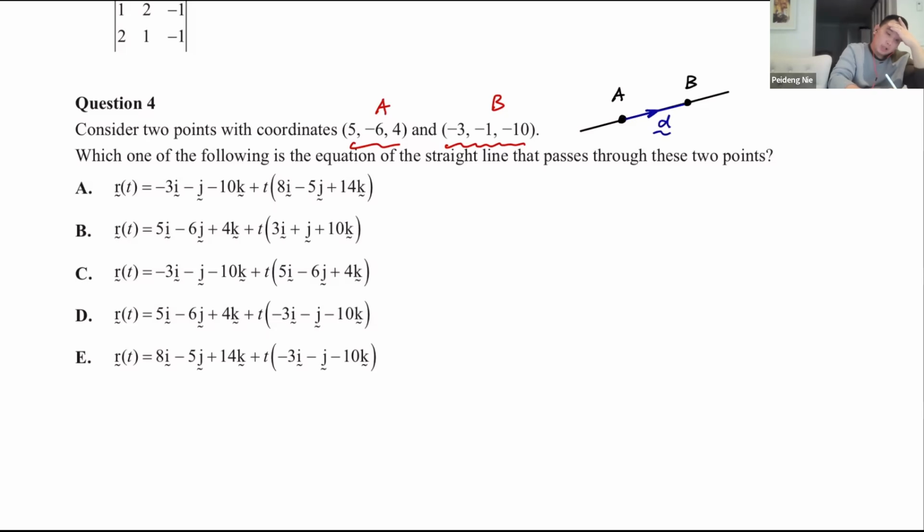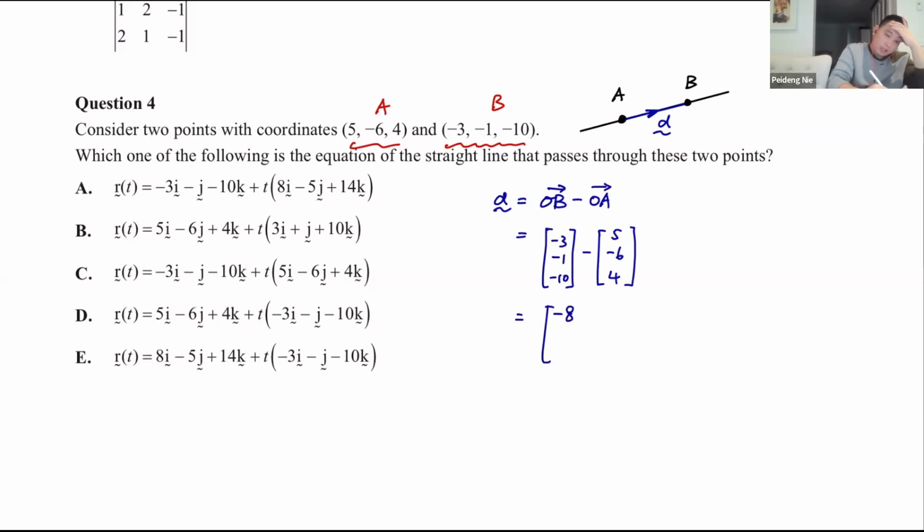This is d. d is going to be OB subtract OA, the difference between the end point and the start point. So minus 3, minus 1, minus 10, subtract 5, minus 6, 4. And I'm getting minus 8, 5 and minus 14.